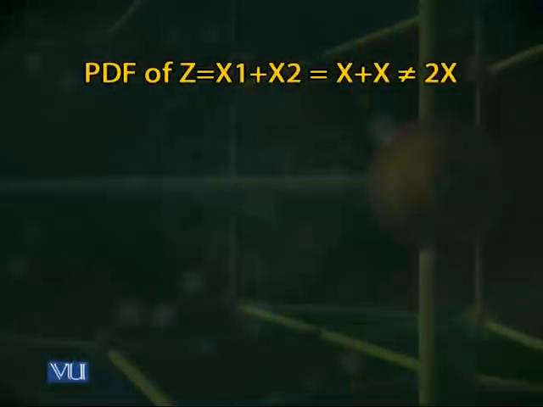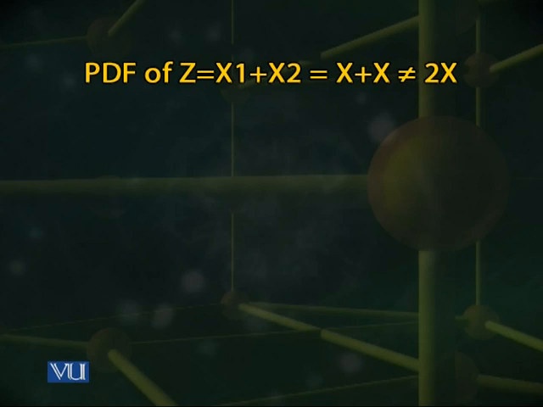If that's the case, we can use the PDF of x, one of them, to represent the PDF of x1, x2, x3, all of them. So here we are trying to find the PDF of the transformed random variable z, where z is equal to x1 plus x2 or x plus x.